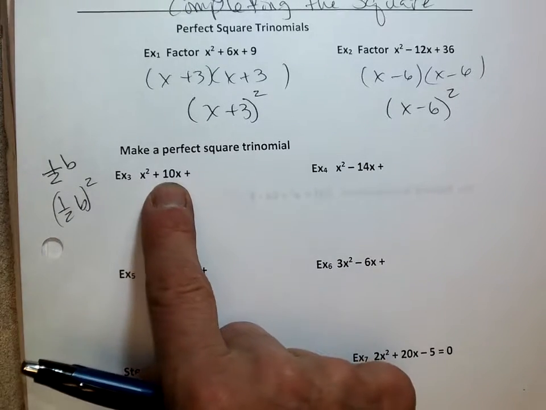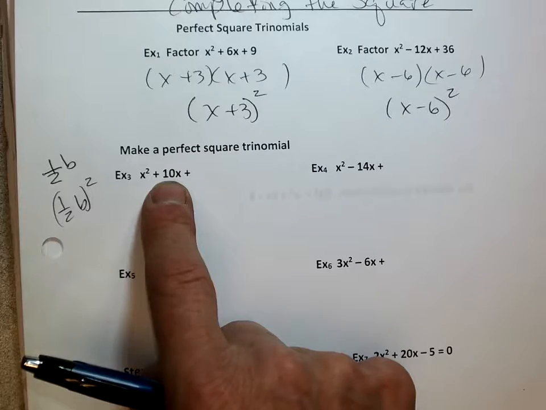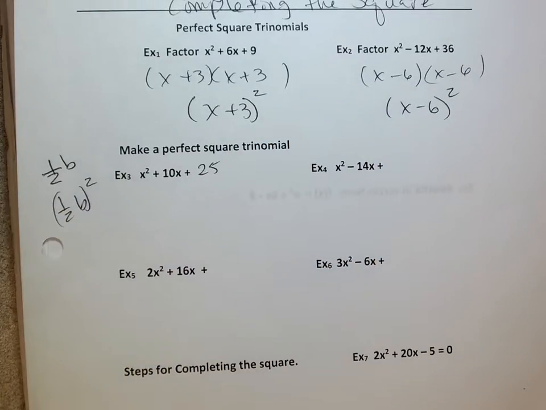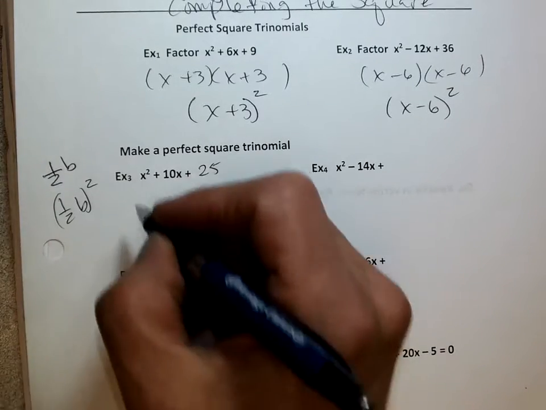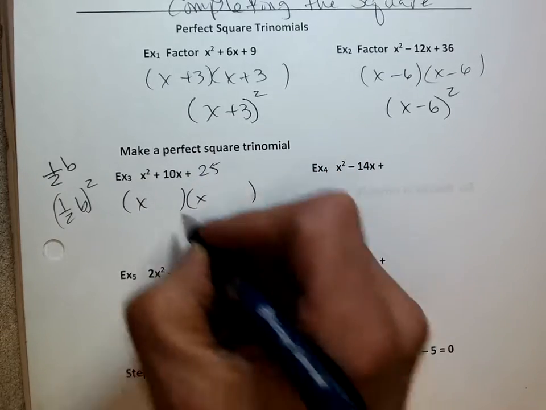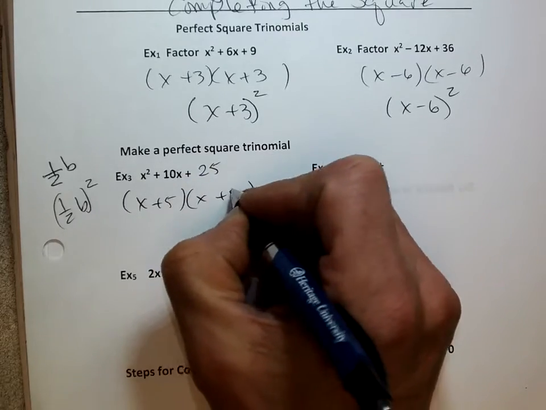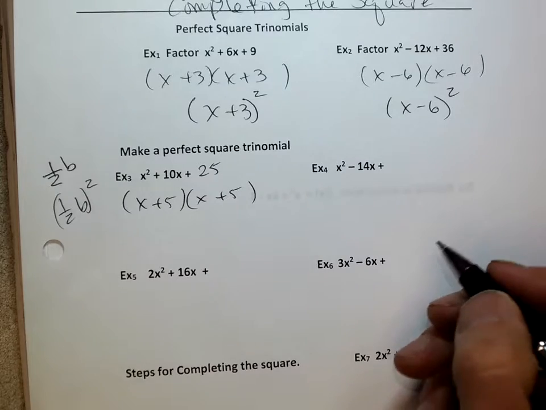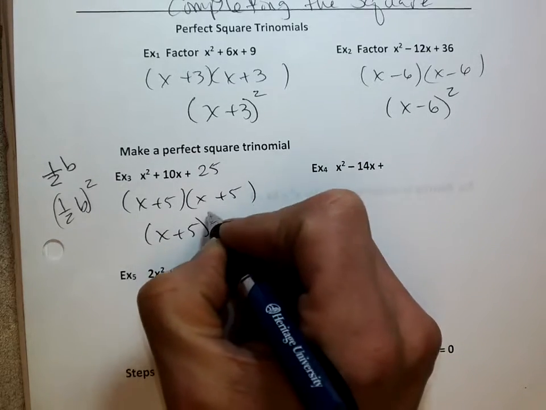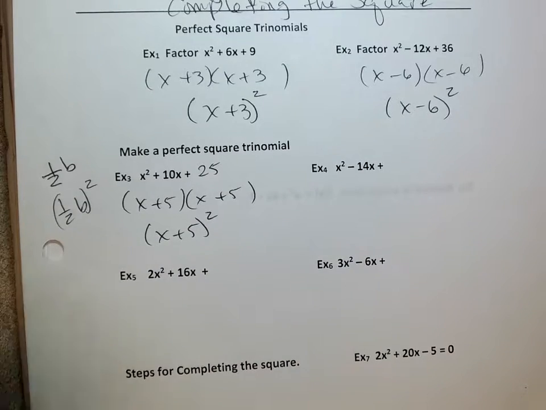So half of 10 is 5, 5 squared is 25. And then once you've created that, you'll be able to create a perfect square trinomial, okay? So parentheses, x, x, plus 5 is a perfect square trinomial because I can write it as x plus 5 quantity squared.